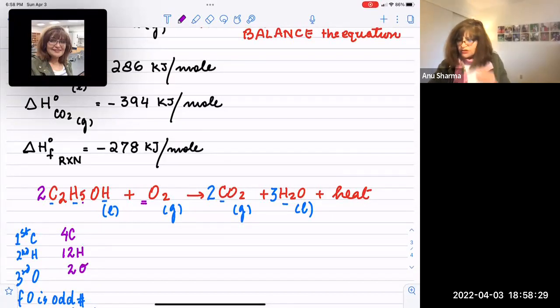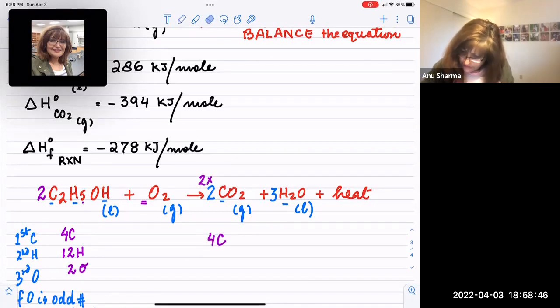Don't touch this. And then take this 2 times 2 multiplied by 2. So this 2 times this 2 becomes 4 carbons.